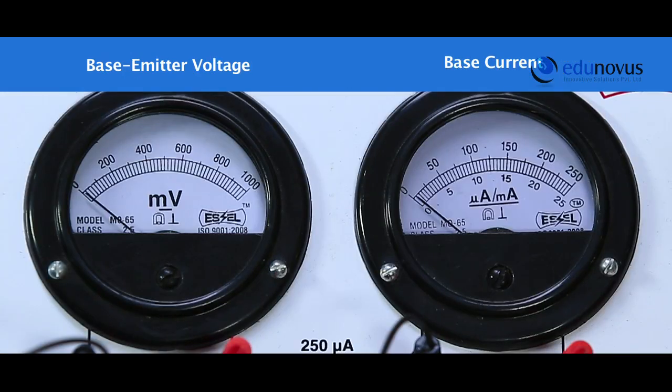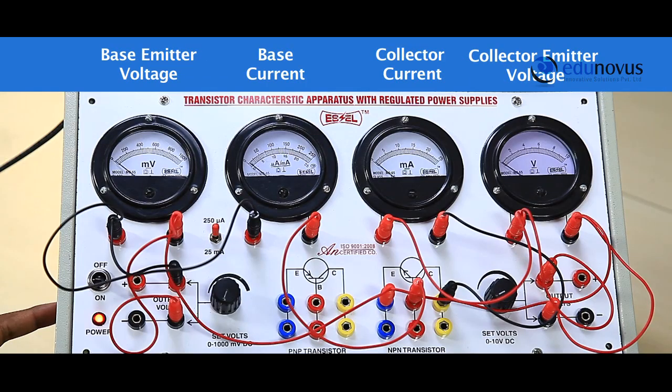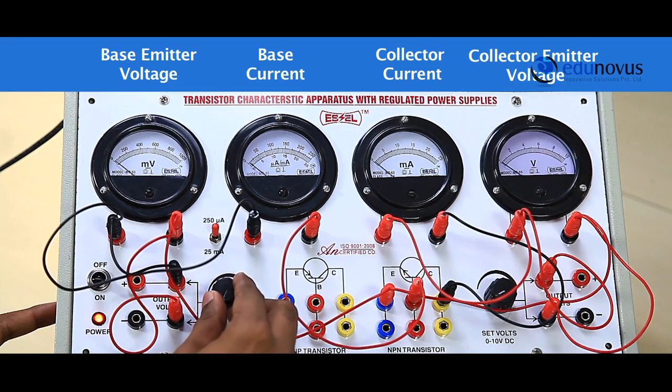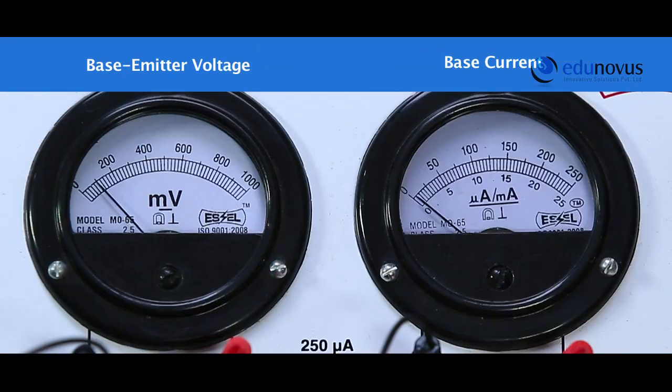So, for base emitter voltage of 0 millivolts, the base current is 0 microamperes. For base emitter voltage of 100 millivolts, the base current is again 0 microamperes. Like this, increase the base emitter voltage in steps of 100 millivolts and note down the corresponding value of base current till you cover the entire range of the input voltmeter.